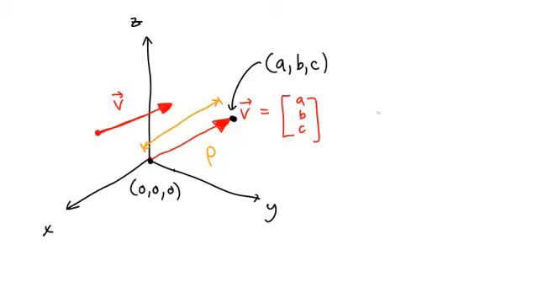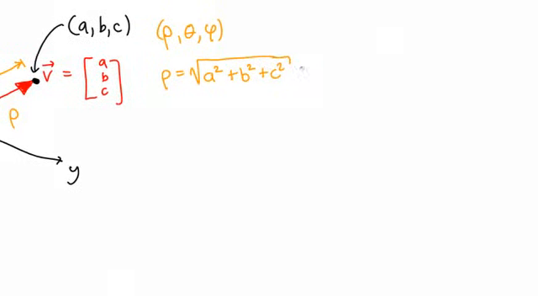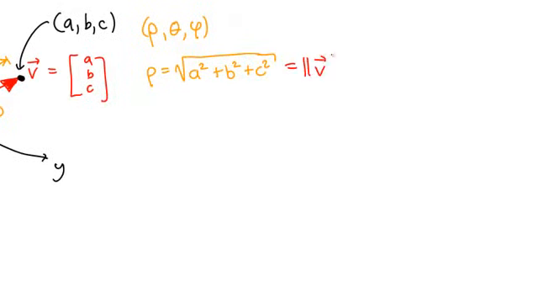So using our polar coordinate conversion formula, we would know that the rho value in its cylindrical coordinates would have to be rho equals the square root of the x component squared plus the y component squared plus the z component squared. But this value right here is nothing more than the length of the vector v we're looking for. So there is some utility in all this trig out there.